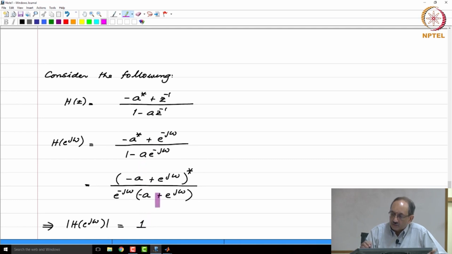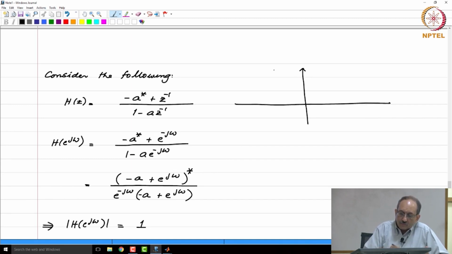The other way of seeing this is by this manipulation, and this is a very important kind of filter. If you plot the magnitude frequency response, it will all be 1 between minus pi and pi.